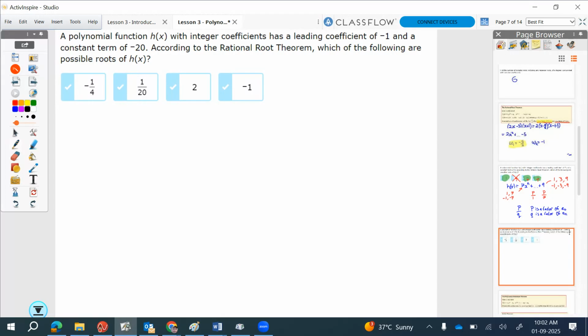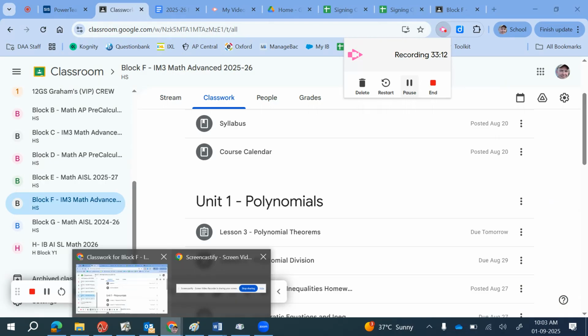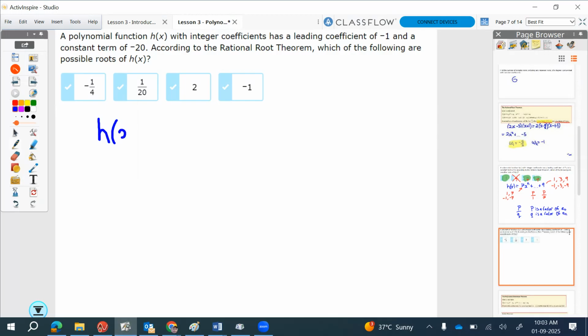Well, we understand all of it. Okay, so h of x is going to be minus 1 x to the n plus, minus 20.